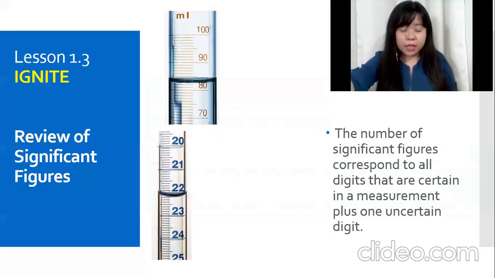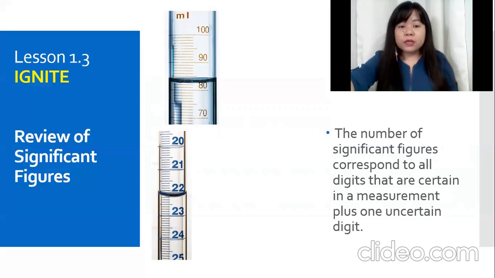Another example is this, which looks like a reading from a burette, because as we can see, the numbers are increasing from top to bottom, meaning that this glassware is used to dispense liquids.